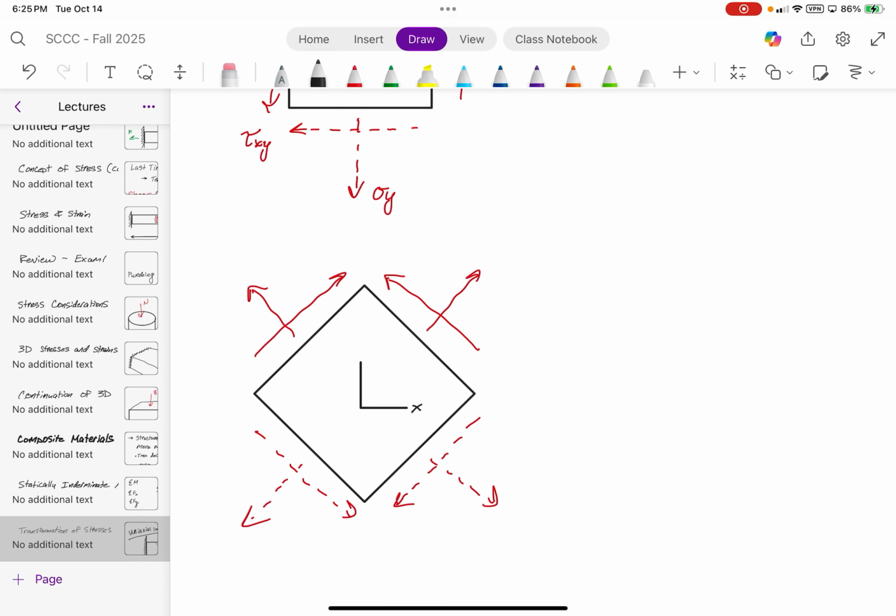Let's call this our plane here for reference, an X and Y plane. And then I'm going to rotate that. We could call that theta. This we can call x prime and y prime.